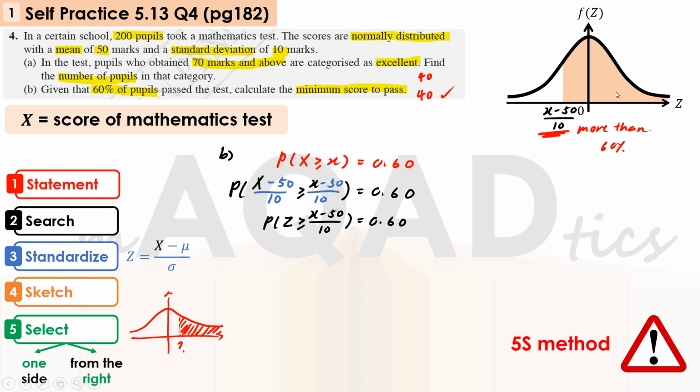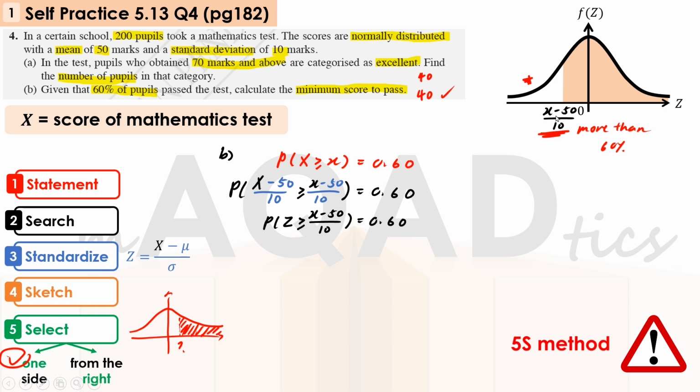So how do we adjust our graph to become this graph? So instead of focusing on the big area, why not we focus on the small area? Because if I focus on the small area, we actually satisfy the first condition, which is the area must be from one side. But then another issue comes up, which is it's not from the right side.